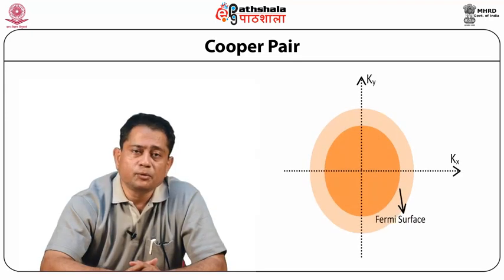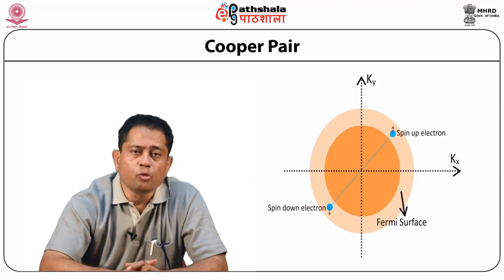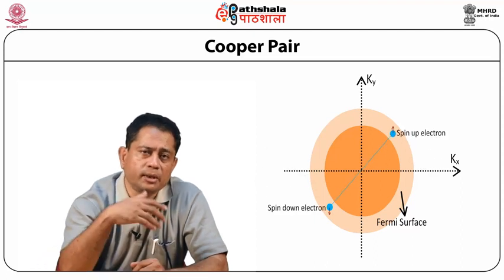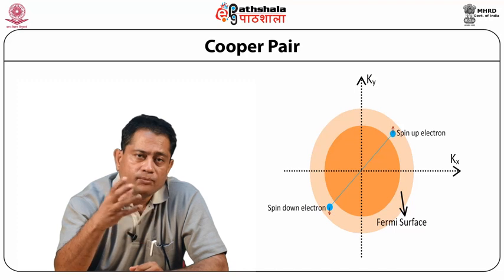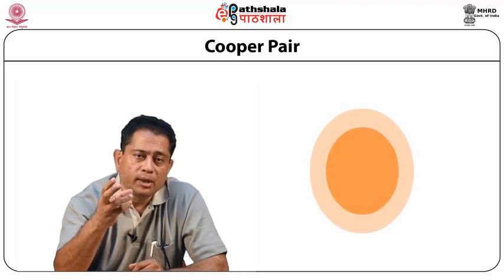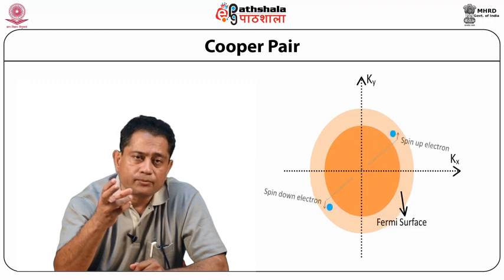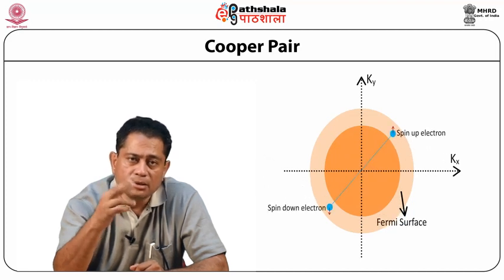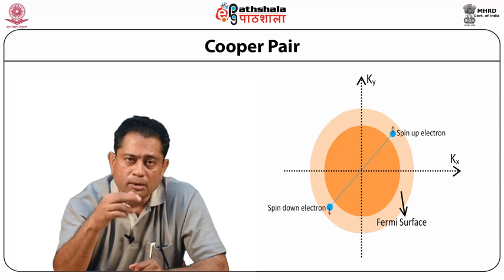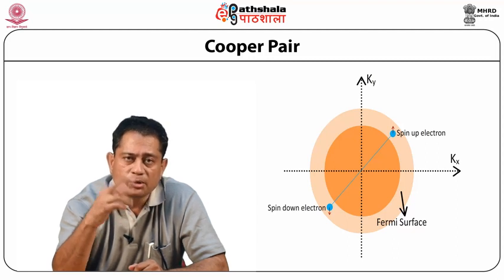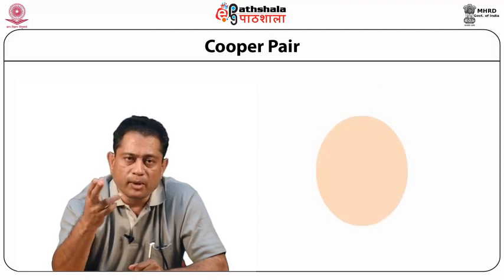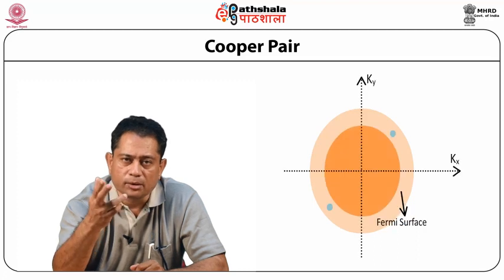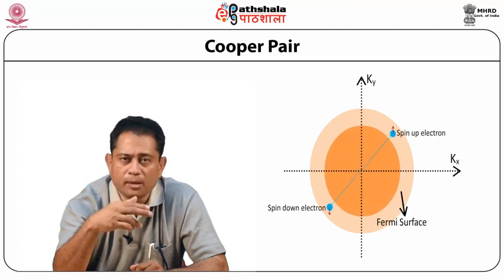This figure shows the Fermi surface where Cooper pair formation occurs. As we had discussed, the Cooper pair is formed between two electrons with opposite momentum, that is k and minus k. Clearly, these blue dots are the two electrons and they are on completely opposite sides, one plus q and the other minus q, or plus k and minus k.